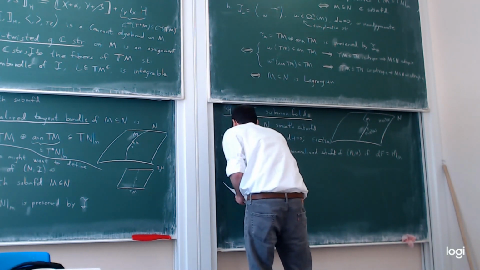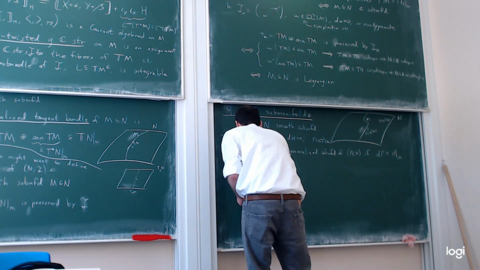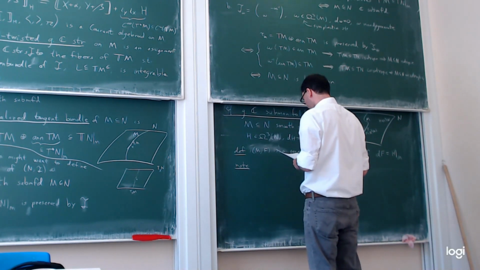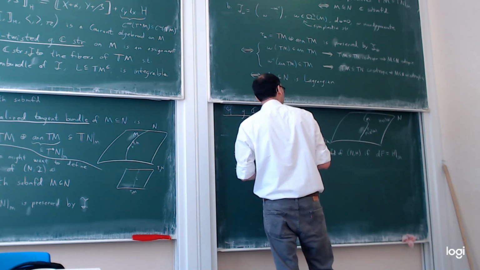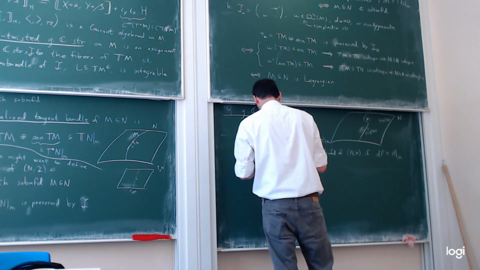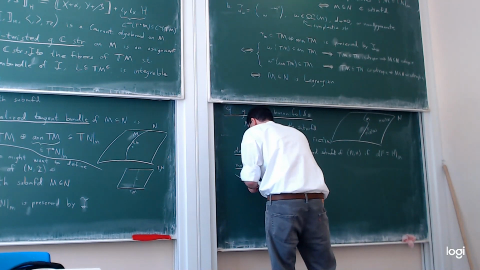And then we'll note that the B-field transformations act on the extended tangent bundle, or the generalized tangent bundle τM, in the following way.